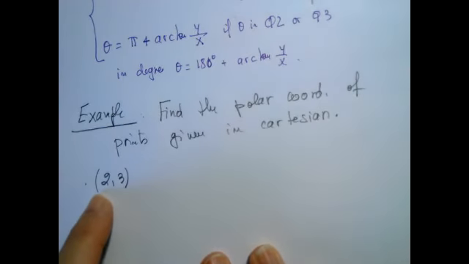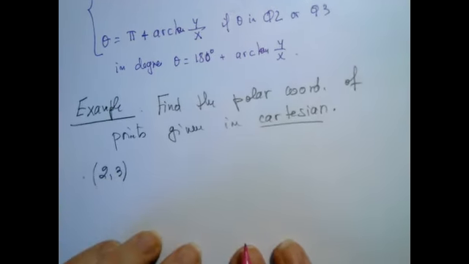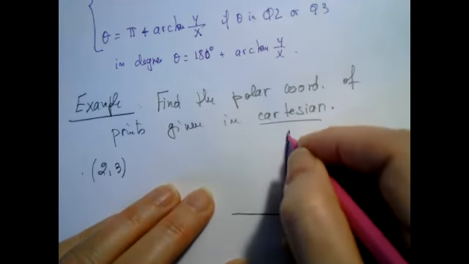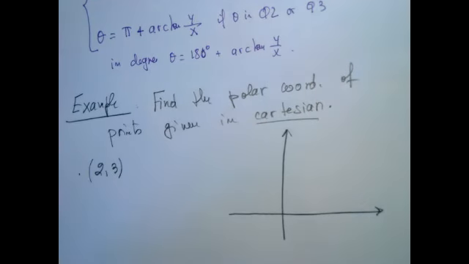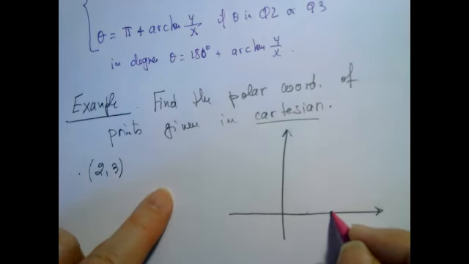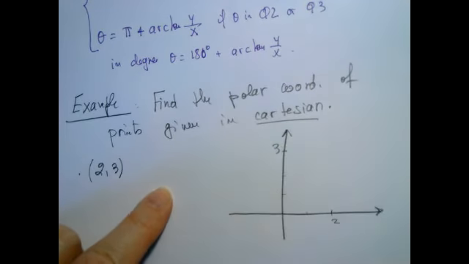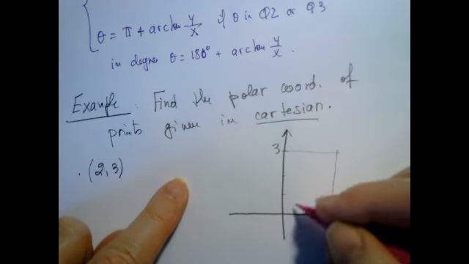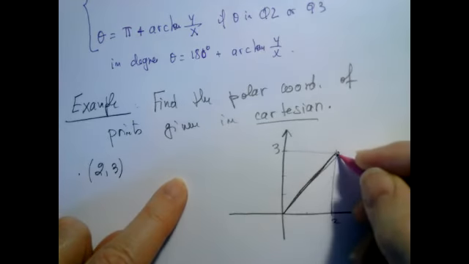In this scenario, 2, 3 is given in Cartesian. I want to find it in polar. So I draw the point, and it's absolutely crucial. If you guys are writing, absolutely crucial to draw the point first. So that's Cartesian. It means this is my 2, and this is my 3 right here, because those are in Cartesian. So this is the point right here.